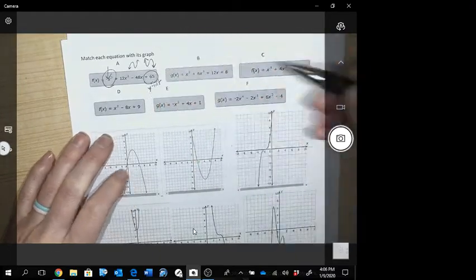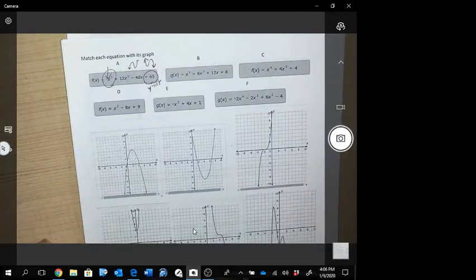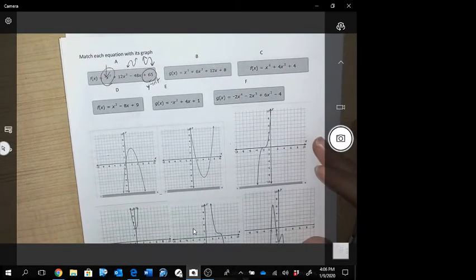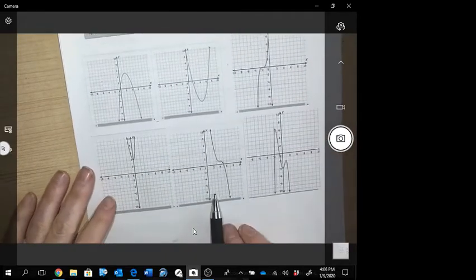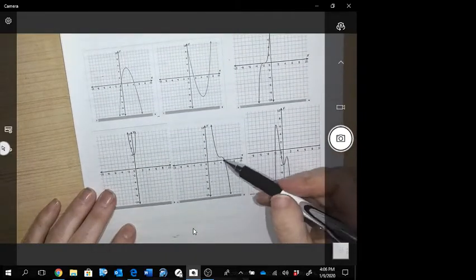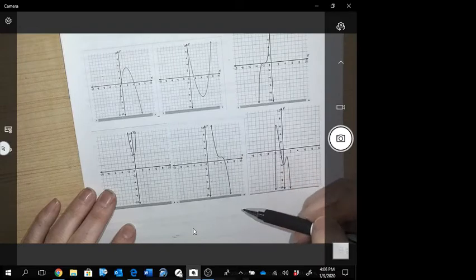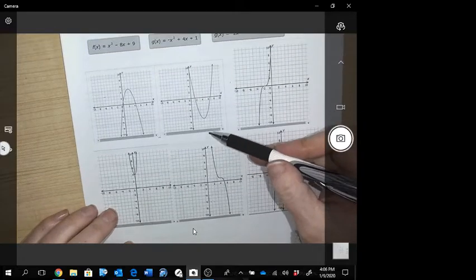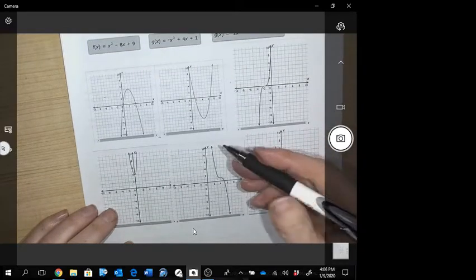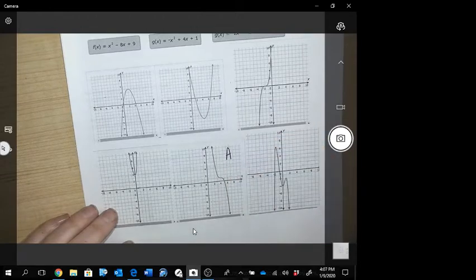I know y-intercept is 65. So can I find anything that resembles that? It's looking like this one, because it's an upside down N shape. Okay, and then it's going up, probably crossing way up there, 65. So we're going to put A there.